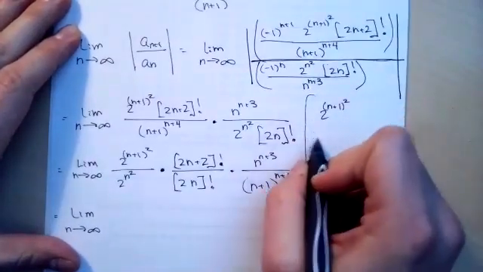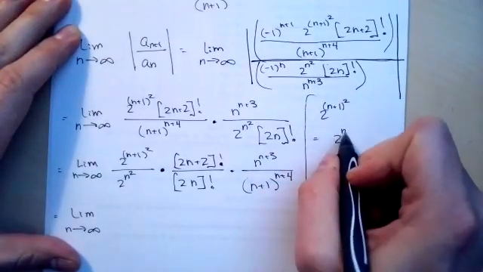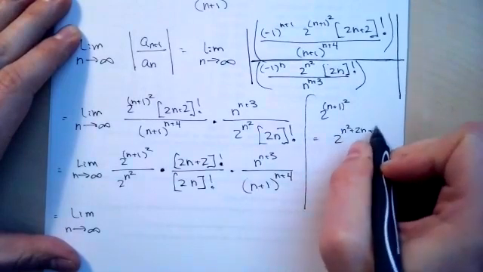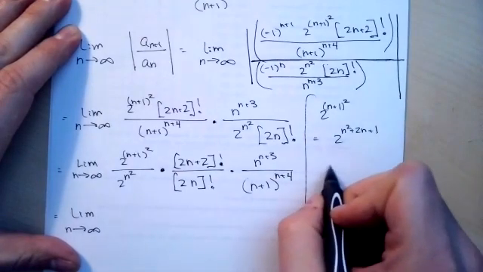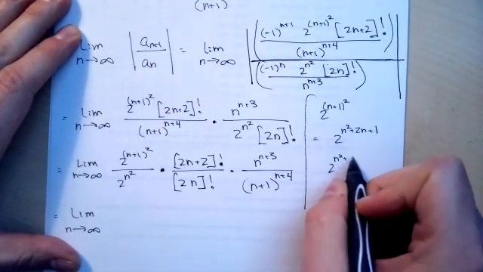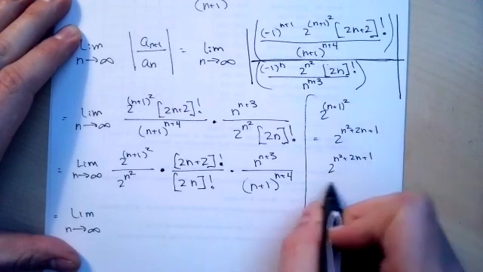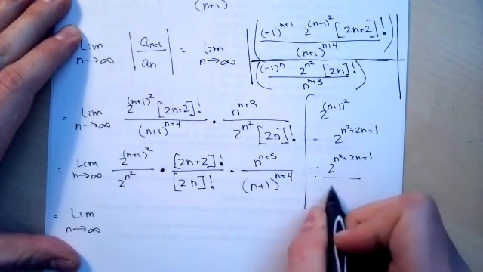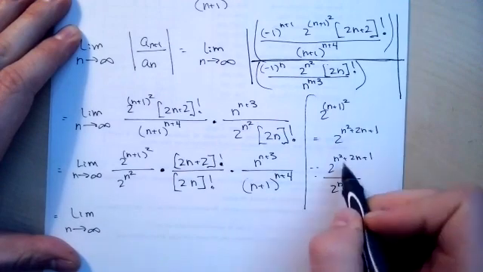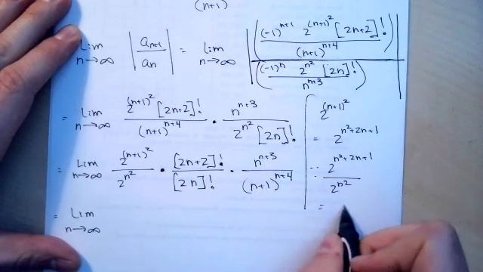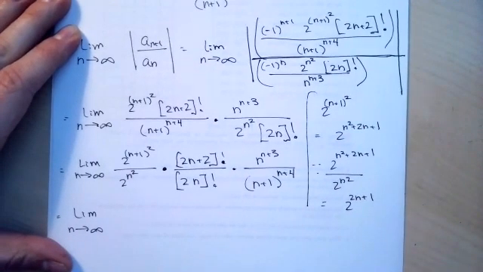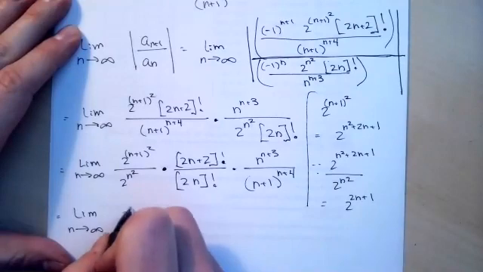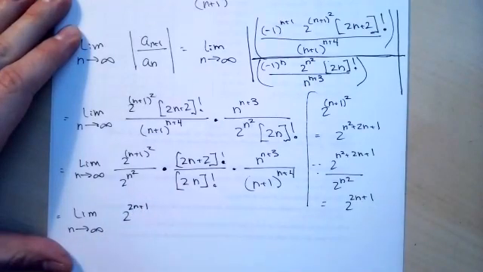2 to the n plus 1 squared is going to be 2 to the n squared plus 2n plus 1. So when we compute the ratio, the n squareds are going to cancel, and we're just going to be left with 2 to the 2n plus 1 from this term.